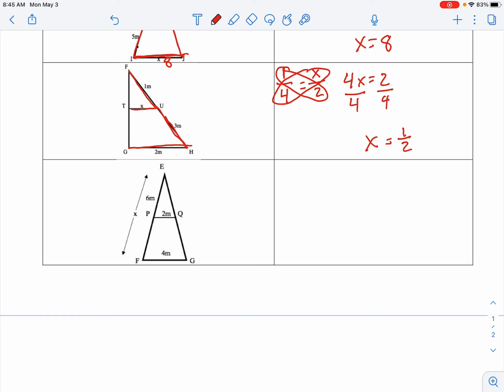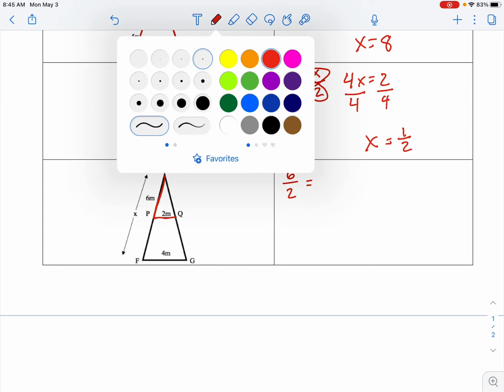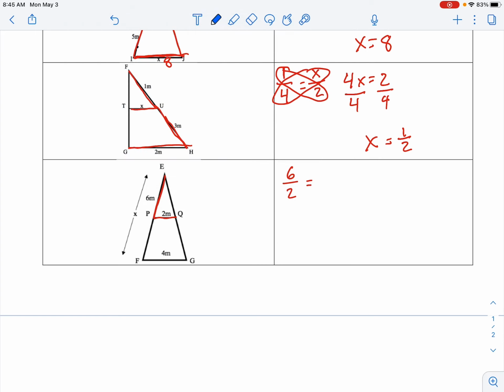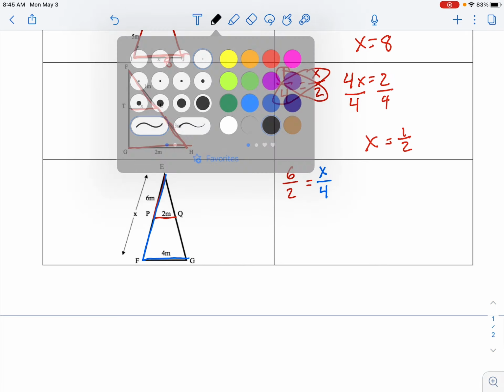Alright, final one here. Small triangle, so this side length here is 6 over, and the other side of the small triangle is 2, is going to equal, and now the big triangle side length is x, we don't know that, over the big triangle base is 4.